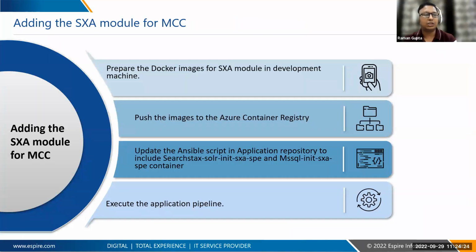Okay, so once we have pushed the images to the ACR, our local development is now well set up to handle SXA and SPE. Now we have to configure the Sitecore managed cloud so that there also we can see the SXA module toolkits, and we can utilize the SPE as well.